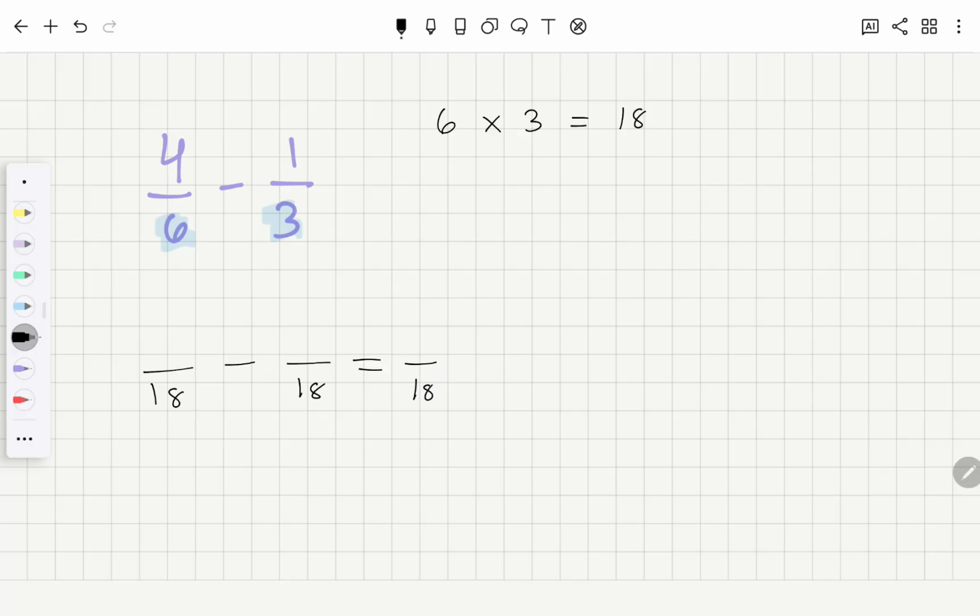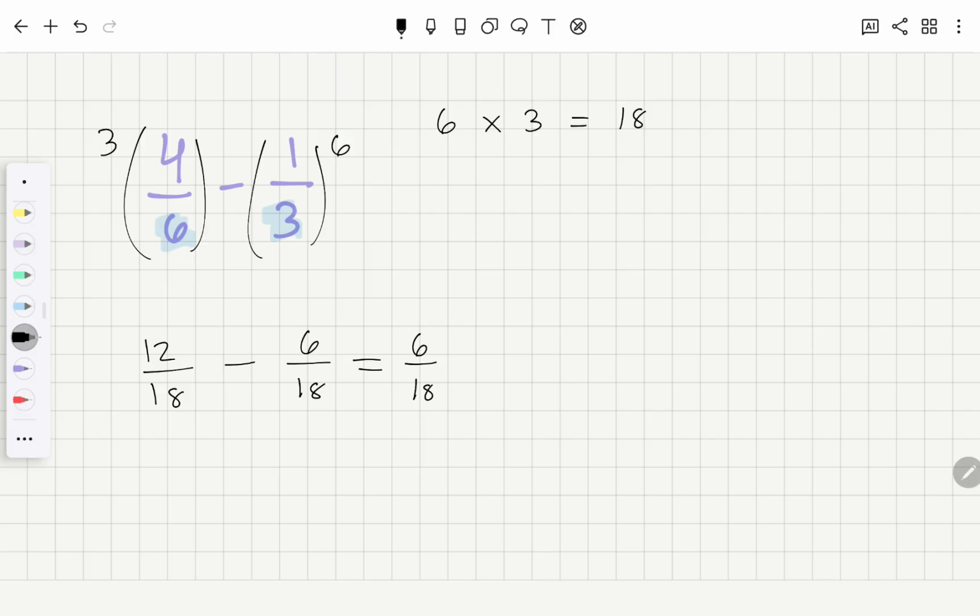Okay, now we have to find out what we multiply by. We can do that by using the opposite denominator. 3 times 4 is 12. And 1 times 6 is just 6. What is 12 minus 6? That is 6.